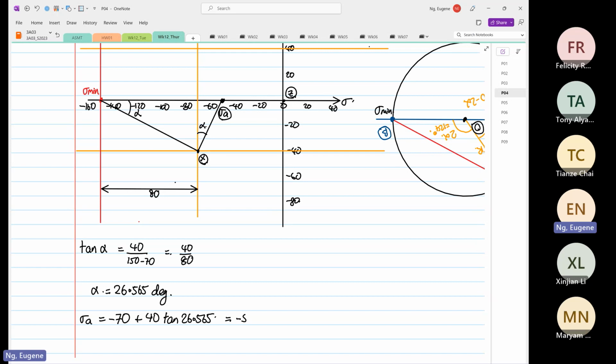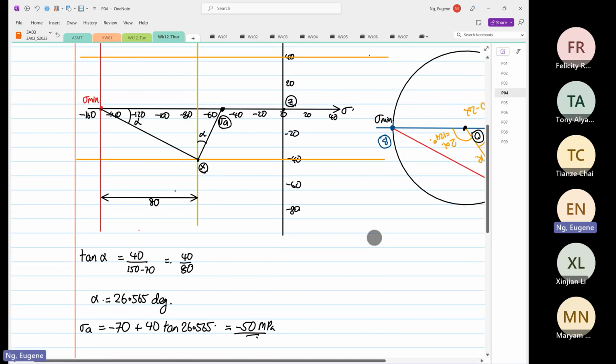I wonder what I pressed wrongly. Okay, MPa. Yeah, minus 50.